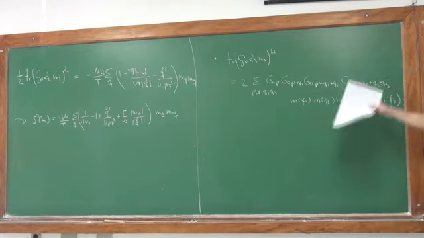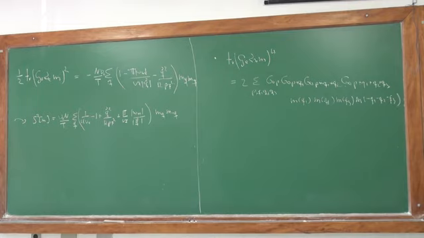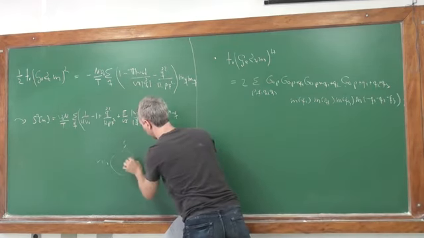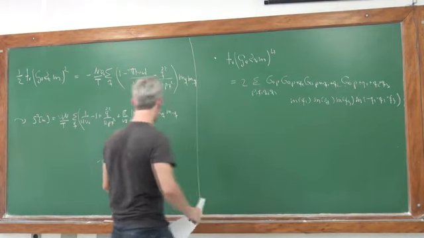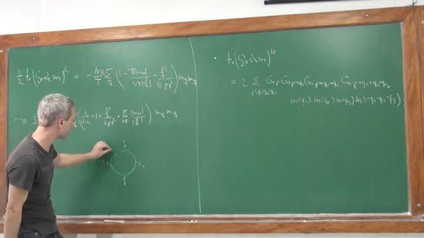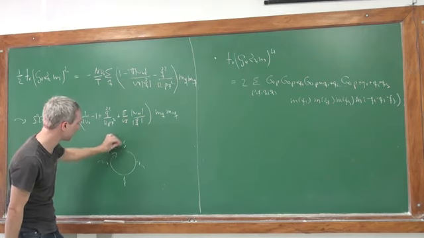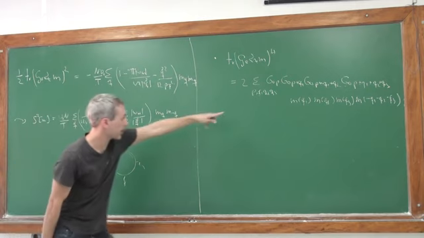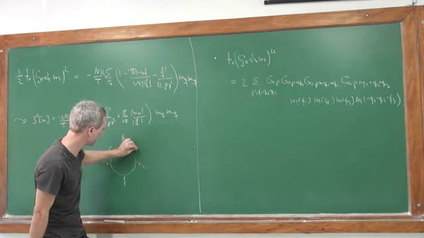If you want, you can go through the Fourier transform, but you can also just keep in mind that you have this kind of diagram. You start out from Green's function G0 at P. Here comes in some momentum Q1, so this will be P plus Q1.